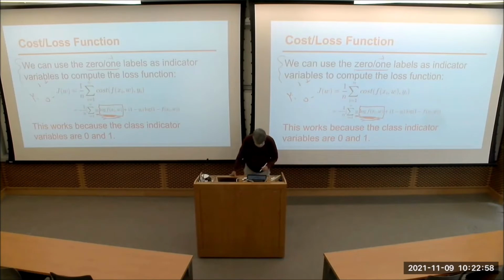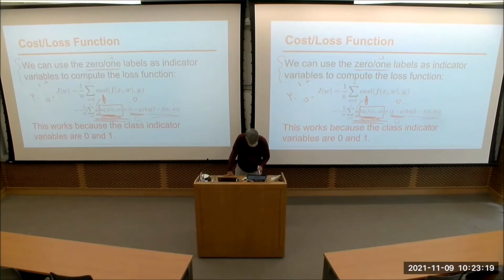And if we have a positive example, y of i is going to be 1, and 1 minus y of i is going to be 0. For a positive example, this term is going to be non-zero, and this term is going to be 0.